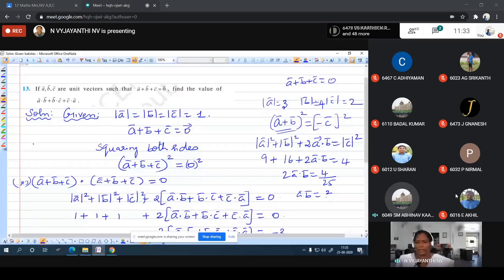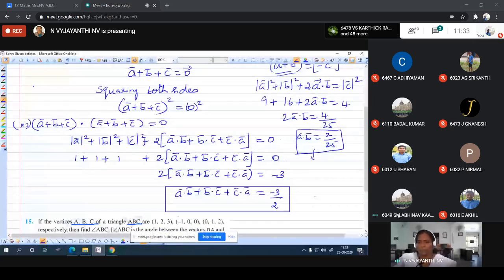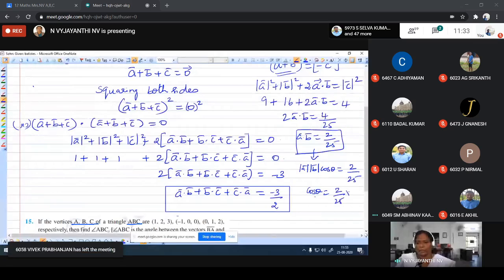Again, you have to simplify A dot B. What is A dot B now equal to? Modulus A, modulus B, cos theta, isn't it? Equal to 2 by 25. So cos theta equals 2 by 25 into 1 by modulus of A. Modulus of A is 3, isn't it?